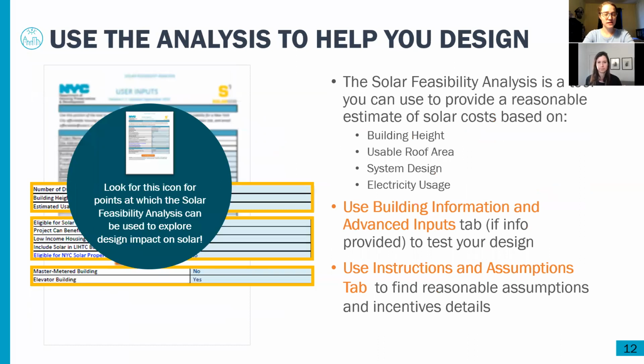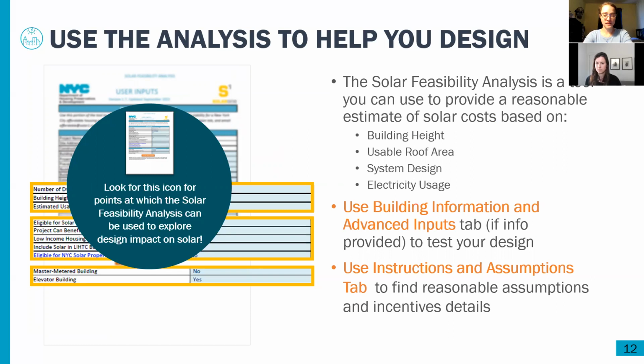You can use the solar feasibility analysis to help you design a system even before it goes to the official review process. We have a separate training about the feasibility analysis itself, so I'll just gloss over this, but you can find that on our resources webpage. You can use the building information input page and the advanced input page to put in whatever information you know about the building.